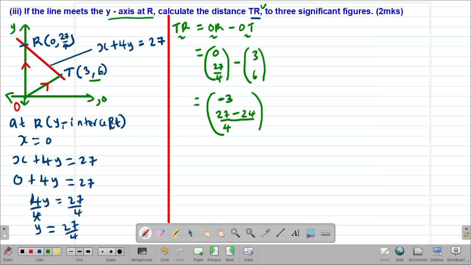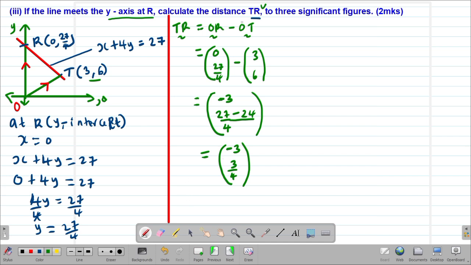If I simplify, this will be negative 3, and 27 minus 24 gives a positive 3, over 4. So these are the coordinates for the vector TR.